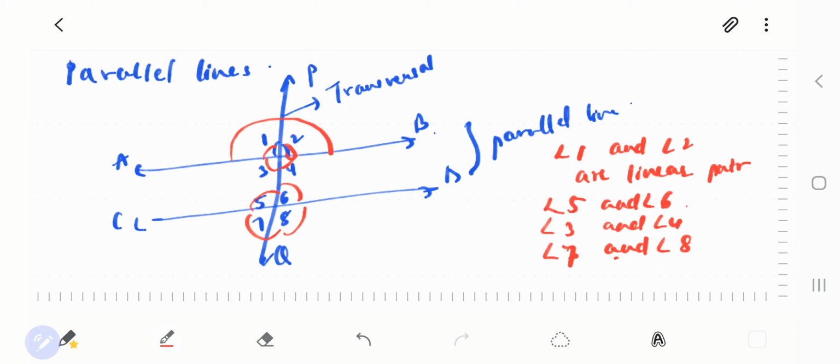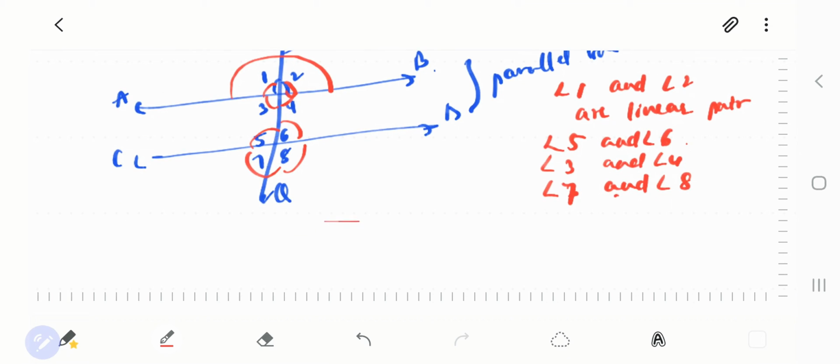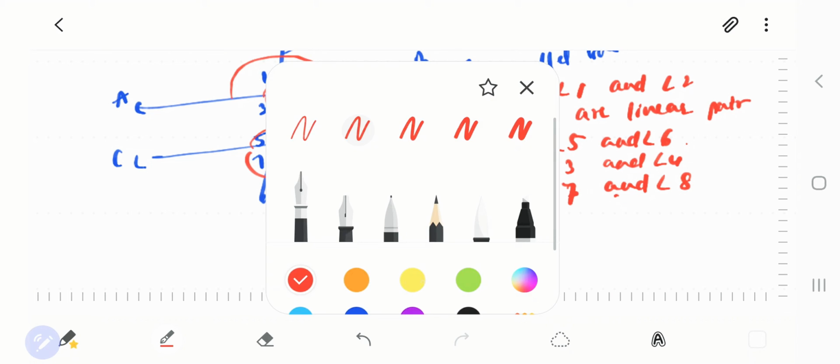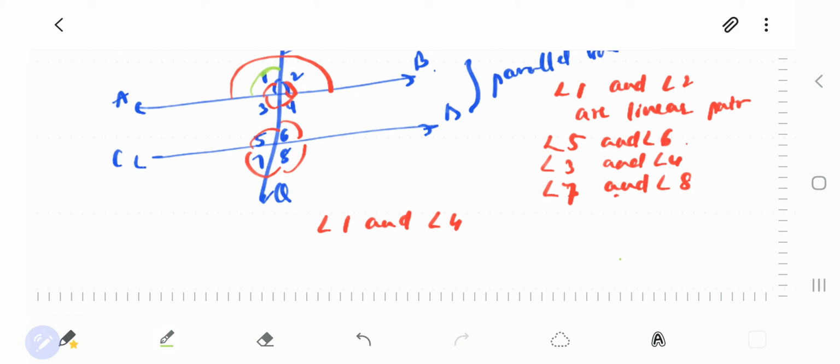Okay. Now, if I take angle 1 and angle 4, if you can notice this, I have taken angle 1 and angle 4. That means these are vertically opposite angles. Vertically opposite angles, X forming.